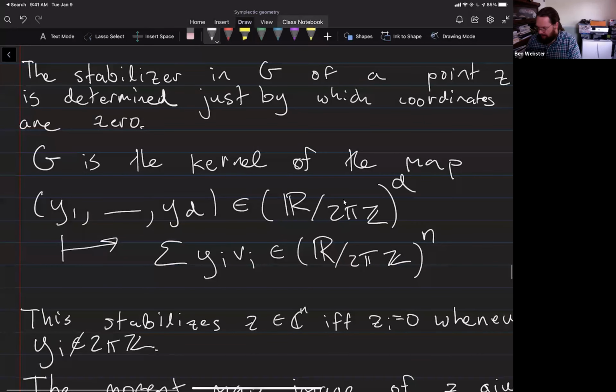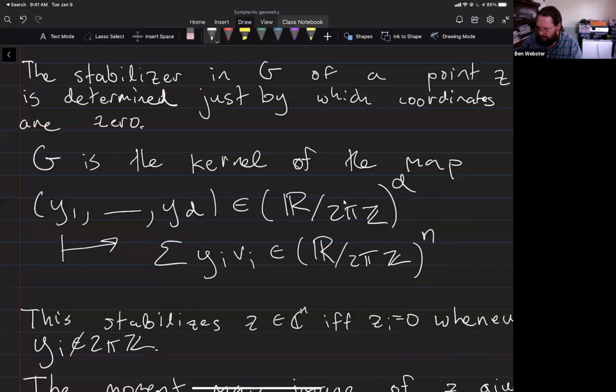And indeed, the way to think about this is that G is the kernel of the map that takes an element of R mod 2 pi Z to the d and sends that to, using those yi's as linear combination, taking the corresponding linear combination of the vectors vi. And this is well defined precisely because the vi's are integral vectors.